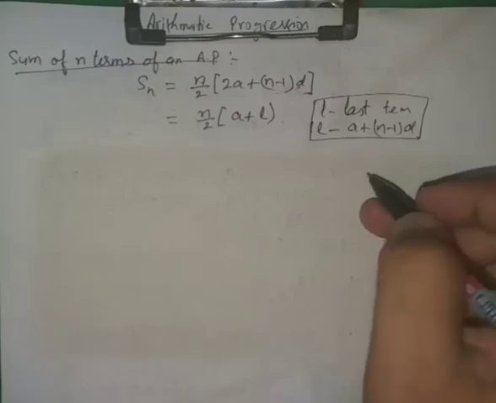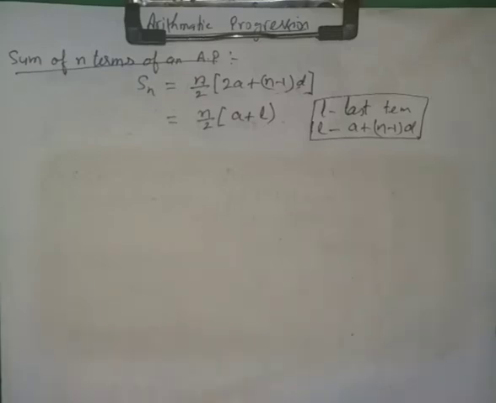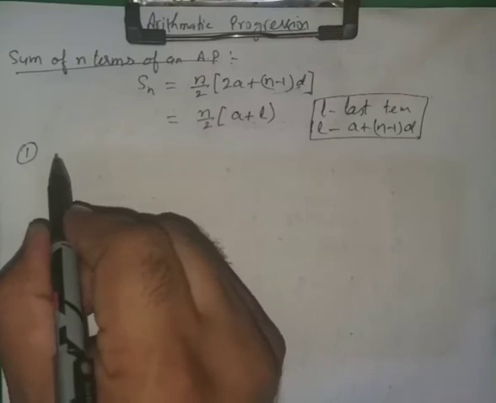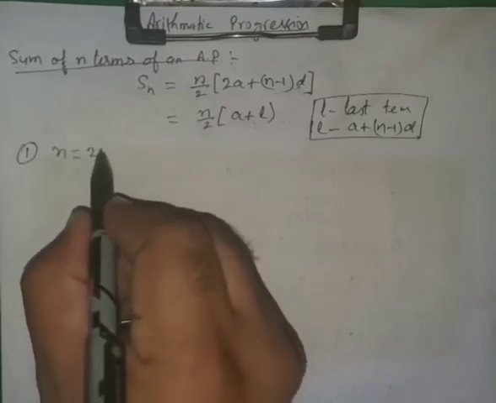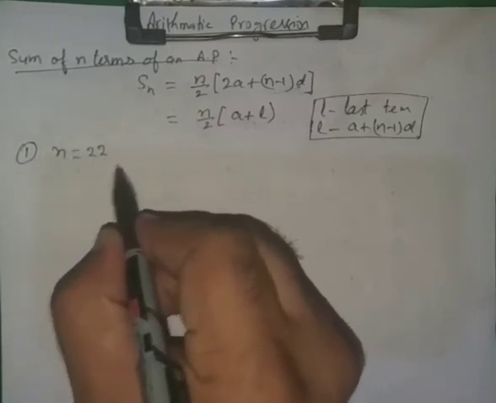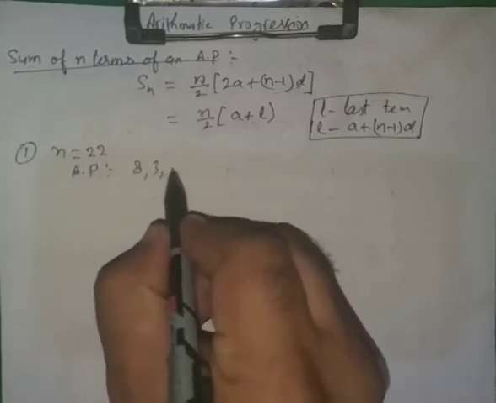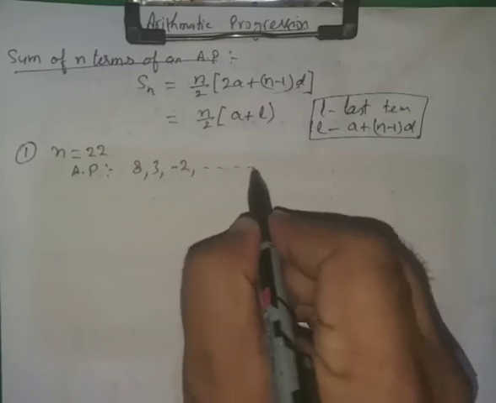Now there is one question that says: find the sum of the first 22 terms. So we have to find the sum of the first 22 terms, meaning here n is 22, of the AP given as 8, 3, -2 and so on.